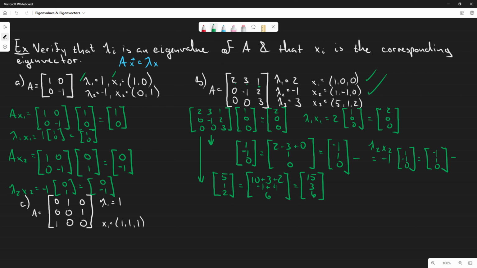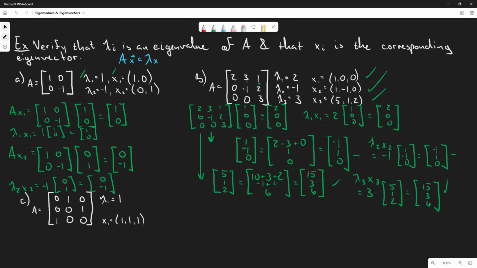Checking the third eigenvalue with the third eigenvector, we get 3 multiplied by [5, 1, 2], which gives us [15, 3, 6]. So yes, this one is also an eigenvalue with this corresponding eigenvector.